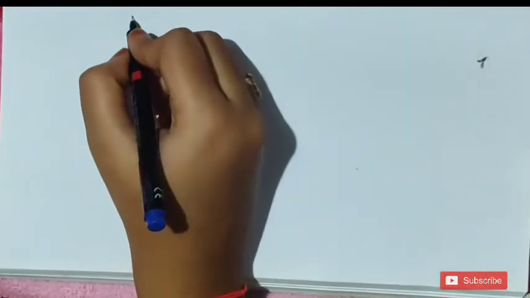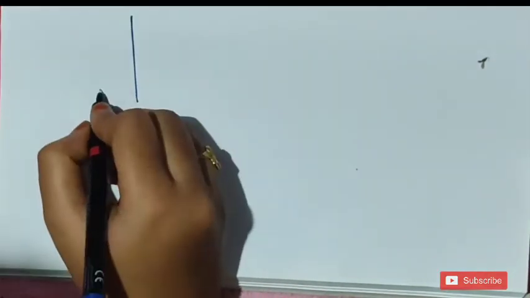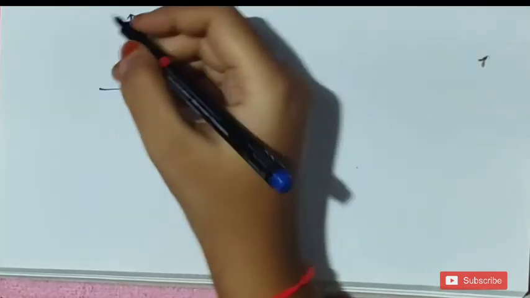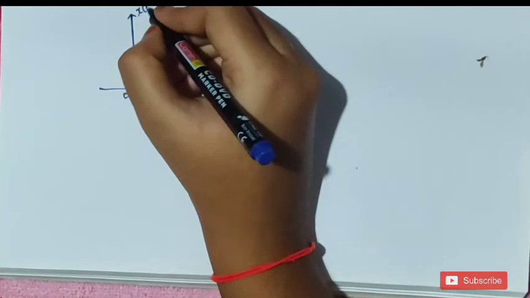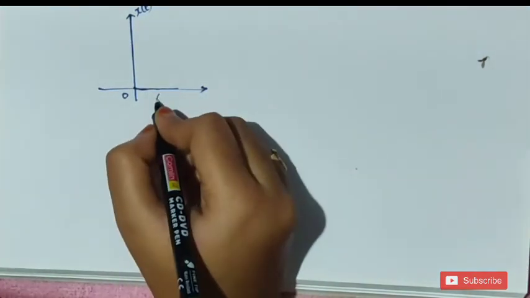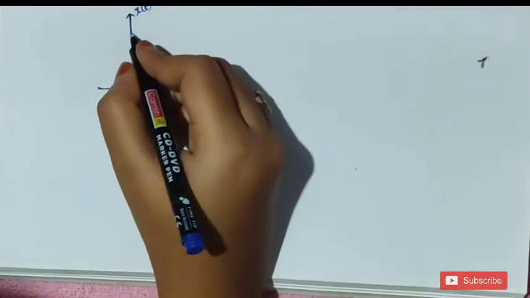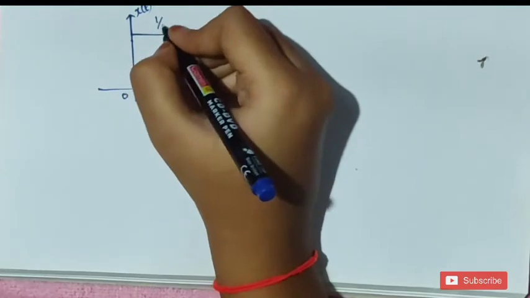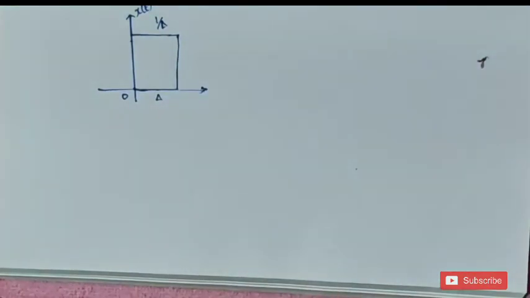For this, first I will show you the signal diagram. Generally we say that the area under the pulse is unity. It means, for example, if the width is delta, then the height should be 1 by delta. Or if the width is 1 by delta, then the height should be delta.